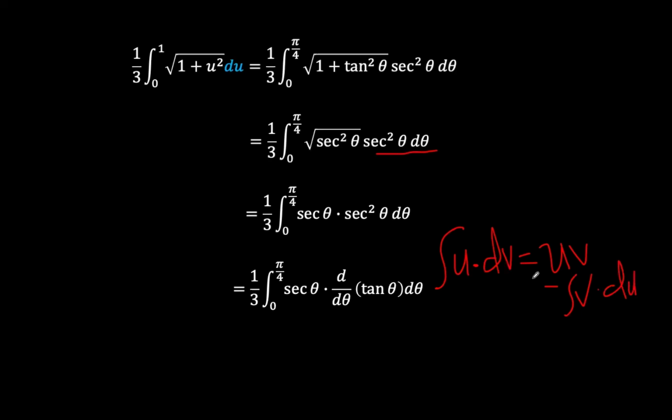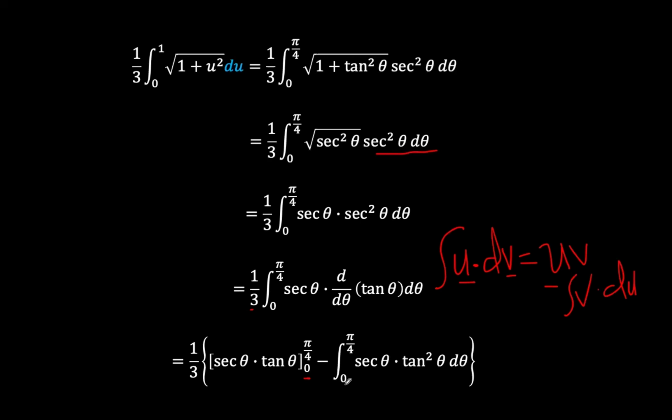And so if our U is sec theta and our V is tan theta, UV is going to be equal to, we pull this constant out here, sec theta tan theta, with the limits applied as shown here, minus the integral from theta equals 0 to theta equals pi over 4 of V, which we found to be tan theta, and then dU, which is sec theta tan theta d theta. So we have sec theta tan squared theta.